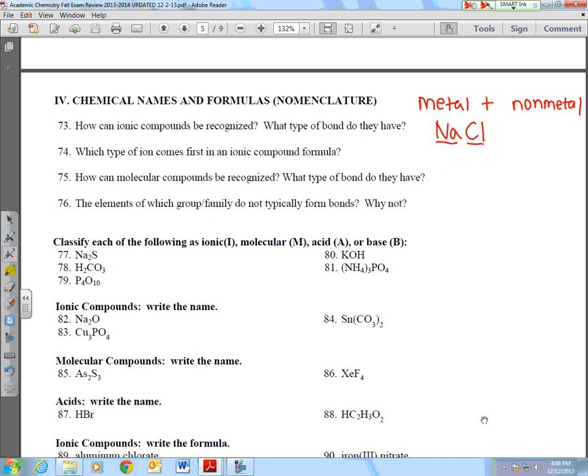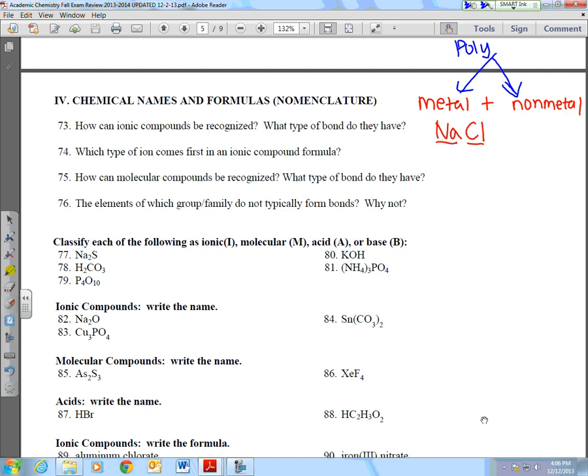What gets complicated with ionic compounds is the metal or the non-metal can be replaced with a polyatomic ion. Okay, so what I usually do is I'll draw a little arrow and put poly. So like this could be ammonium and this could be chlorine, and that would still be ionic. Or this could be sodium and this could be phosphate.